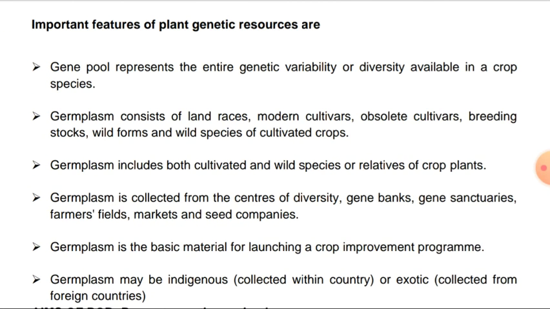Which are the important features of plant genetic resources or germplasm? It is the amount of genetic variability or diversity available in a crop species. This germplasm consists of land races, modern cultivars, obsolete cultivars, breeding stocks, wild forms, or wild species of cultivated crops.